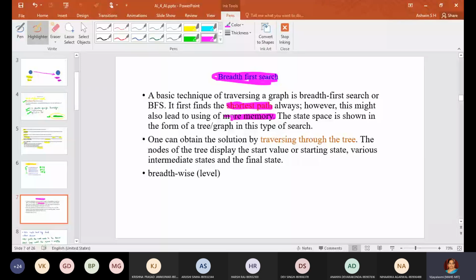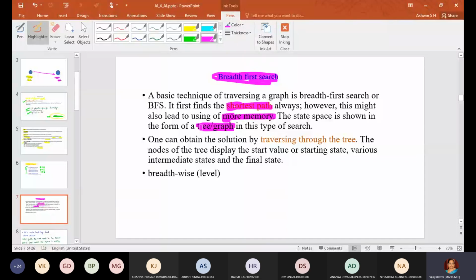This is one important point. The state space is shown in the form of a tree or graph in this type of search. So, it is one of the simplest techniques in algorithms, breadth first search. It will give you the shortest path. However, the usage of memory is more.